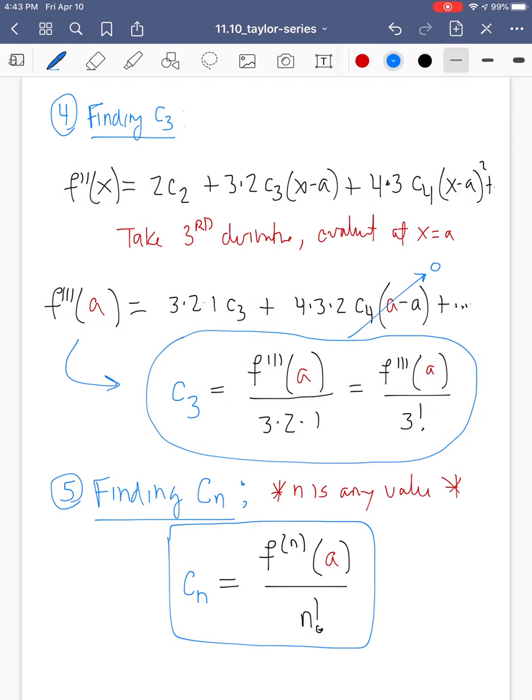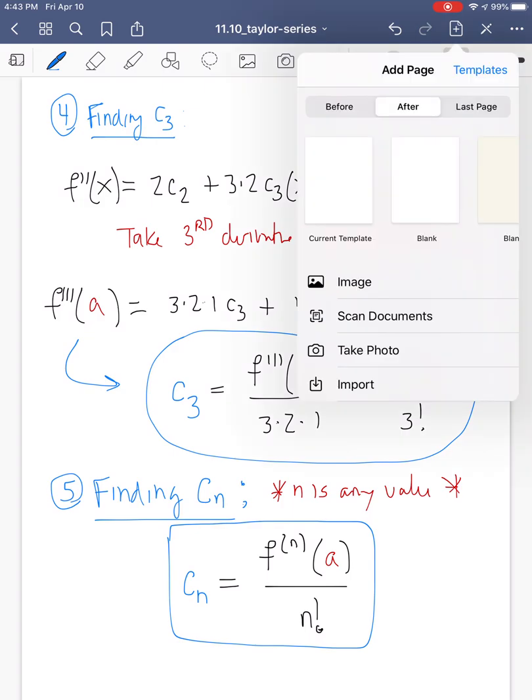So let's write this out a little more explicitly. If a function f of x has a power series representation, it has the following form.